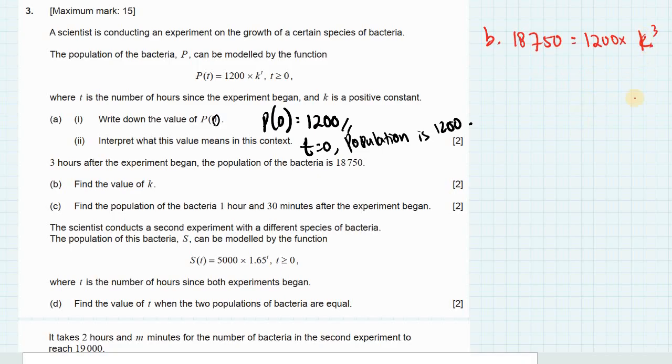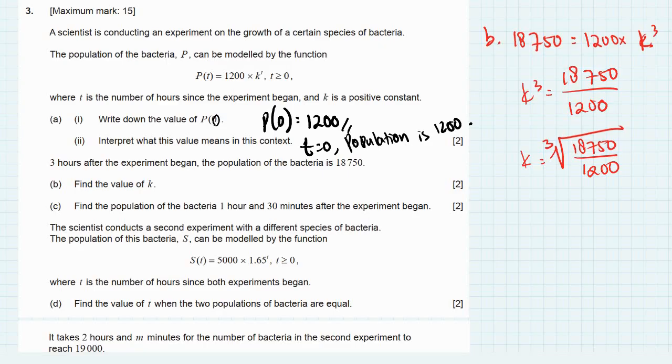Okay, so we will have k to the power of 3 is equal to 18,750 divided by 1200, and then k is equal to the third root of 18,750 divided by 1200. Let's input this to our calculator.